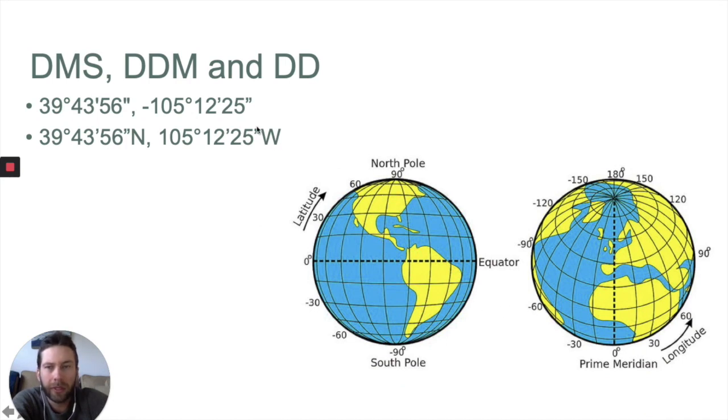And for your second set of numbers here, which is your longitude, negative numbers are going to be west of the prime meridian, and positive numbers are going to be east of the prime meridian.